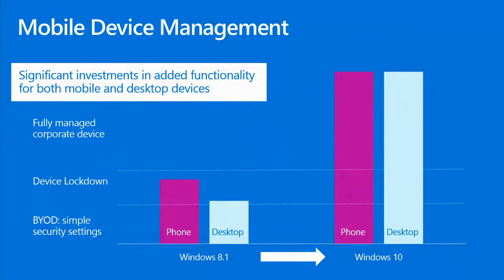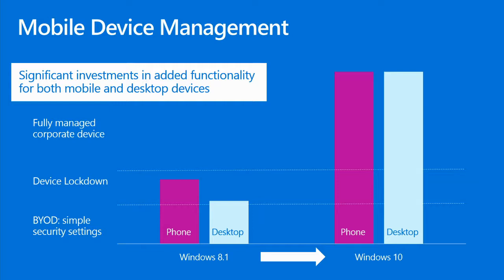When we look at mobile device management, this is probably the biggest area of investment in Windows 10 from a management perspective. We had support in Windows 8.1 and in Windows Phone 8.1, really to support BYOD scenarios. So it had just enough to have a personal device be managed.